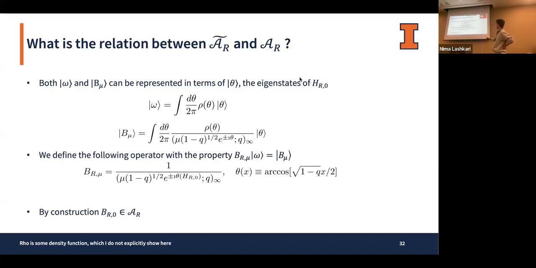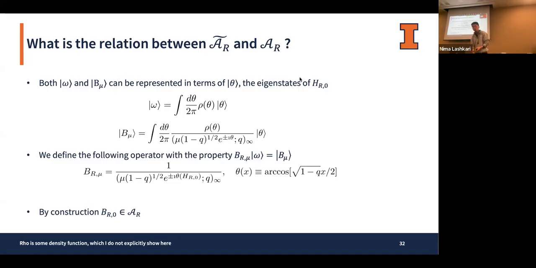By looking at the form of the decomposition of these two states, you can show that I can define this operator, where theta x is just this operator, and by construction, this BR0 is an element of AR. You can show that this function actually has nice properties: it's continuous and it's bounded.